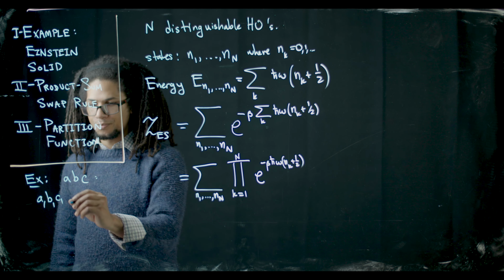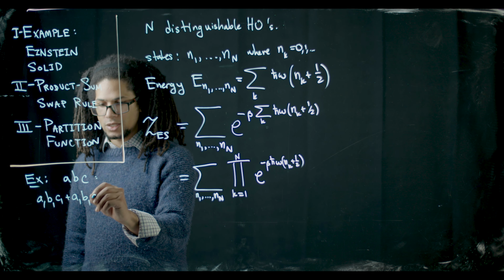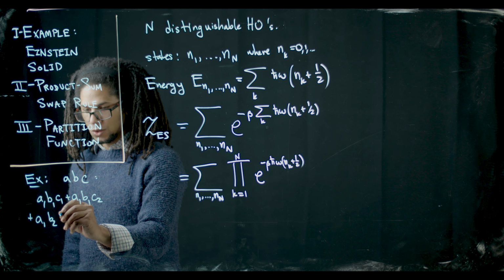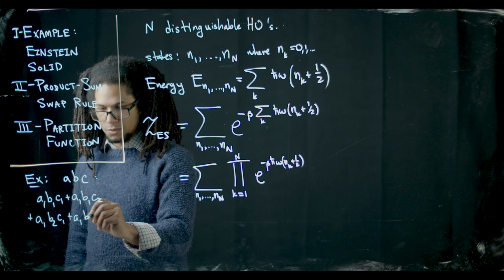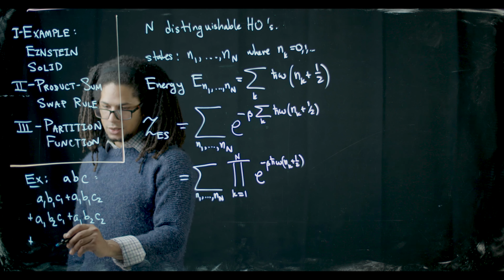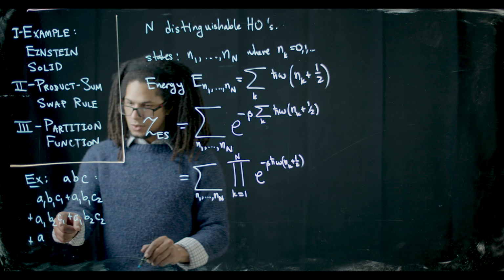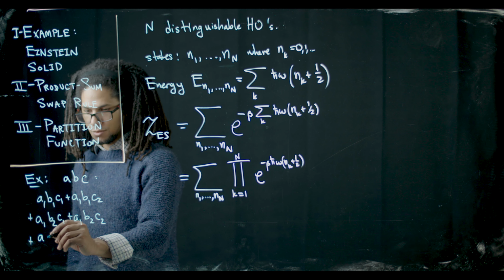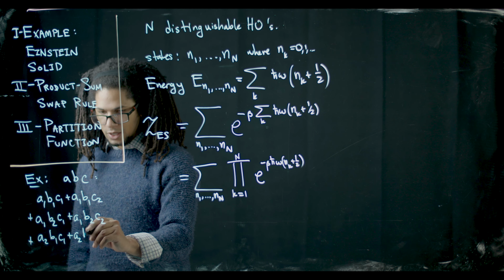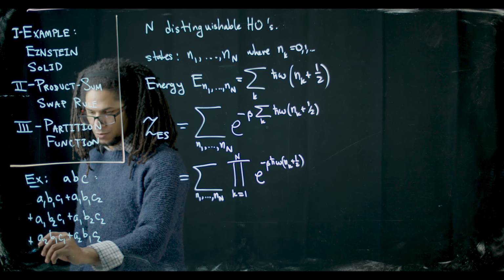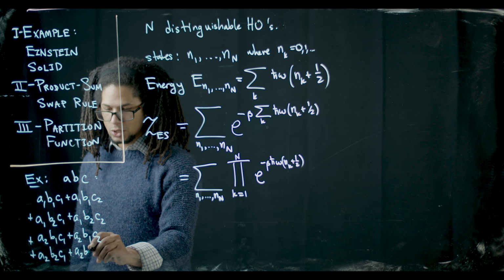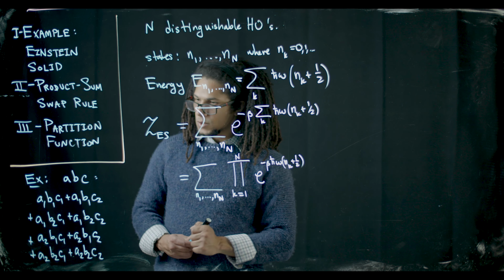That'll be the first term in our sum, plus A1, B1, C2, plus A1, B2, C1, plus A1, B2, C2, plus... so now we've looked at all the A1 terms, A2, B1, C1, plus A2, B1, C2, plus A2, B2, C1, plus A2, B2, C2. Good, 8 terms.